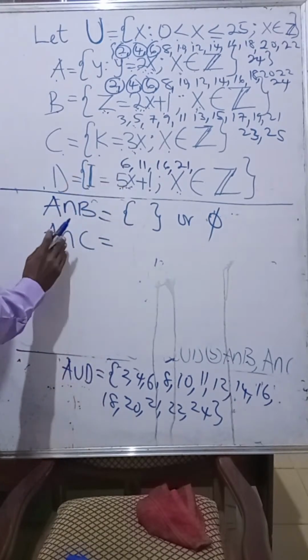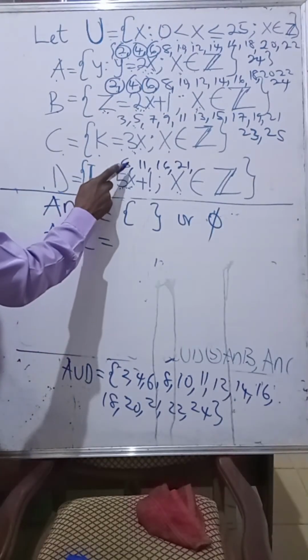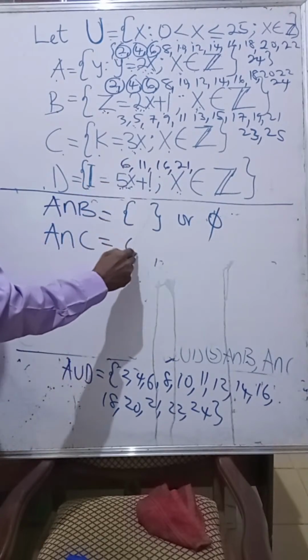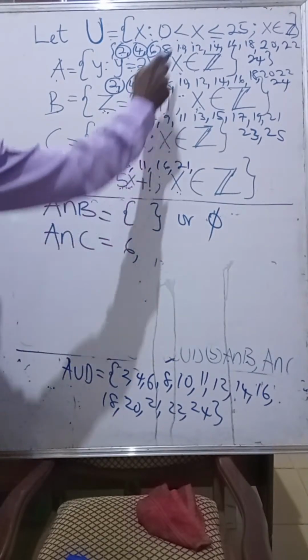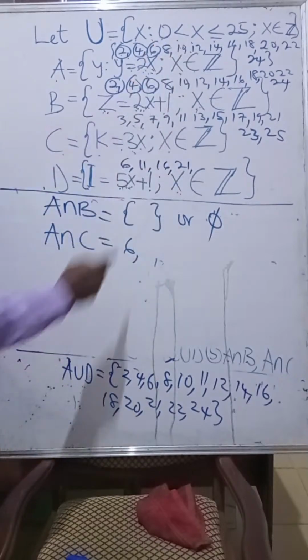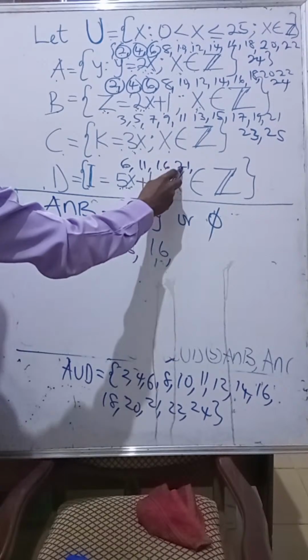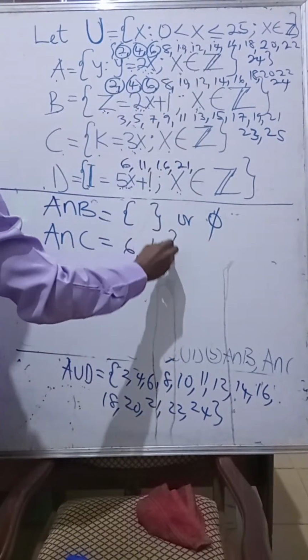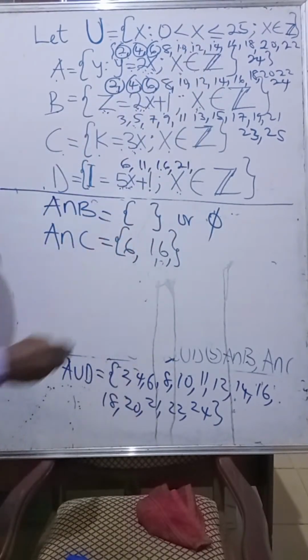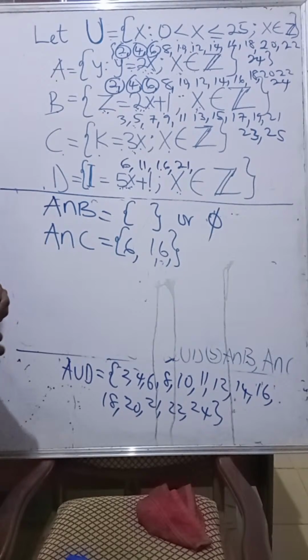So what is common there? 6 is there. 11 is there, but do we have 11 in A? No. 16 is there. 21 is there, but 21 is not in A. So that's A intersect C.